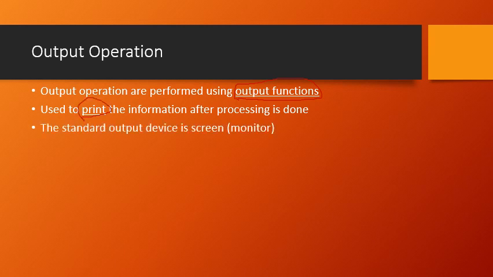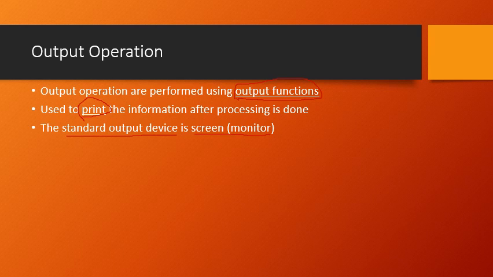Where do they print? They print on the standard output device, that is nothing but the screen or the monitor. So if a question appears, what is the standard output device, then you have to say the standard output device is the monitor or the screen.